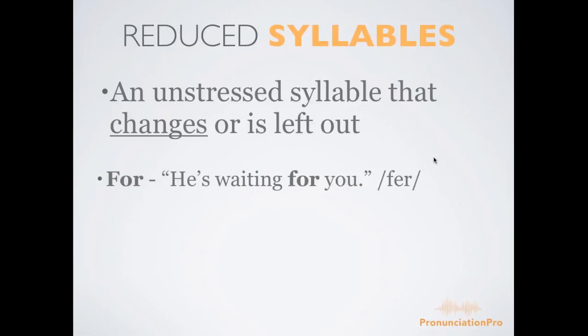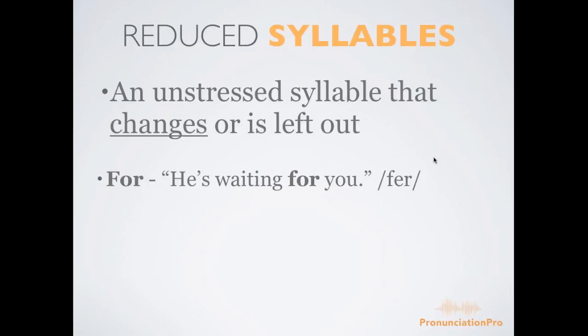Here's some examples of how we change some of these unstressed syllables, and we, meaning native English speakers. So the full pronunciation is for, okay? But in a sentence, we usually reduce the pronunciation of this word.